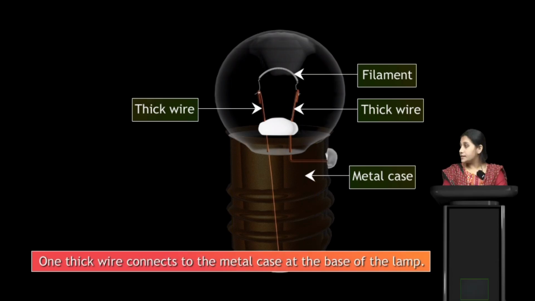Okay. So it is said that one thick wire connects to the metal case at the base of the lamp, and the other thick wire is connected at the base of the metal case. Base means at the downward of the metal case.